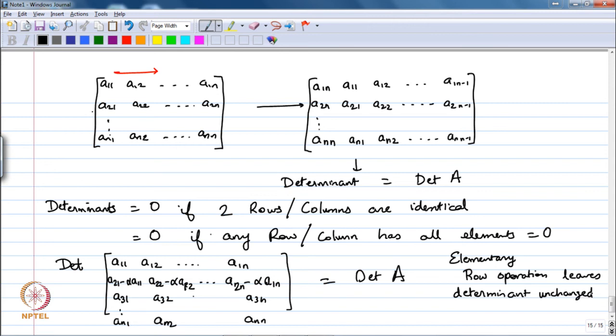This is again a very important idea: you can do an elementary row operation or an elementary column operation on any row or any column, and the determinant is unchanged. These are some of the important properties of determinants that make them very useful in various applications.